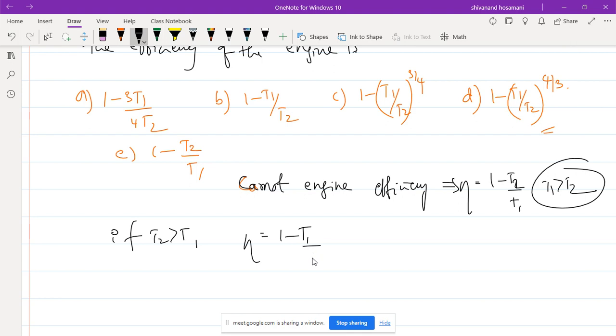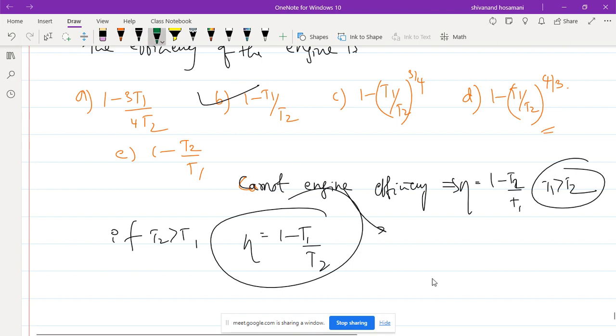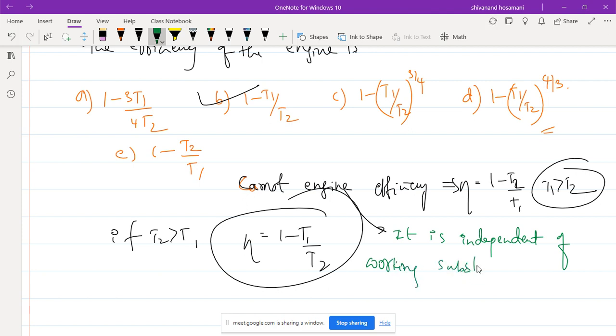So that is correct, B is the answer. The Carnot engine is independent of the working substance. Check once, these are the NET problems; in NET they ask very simply.